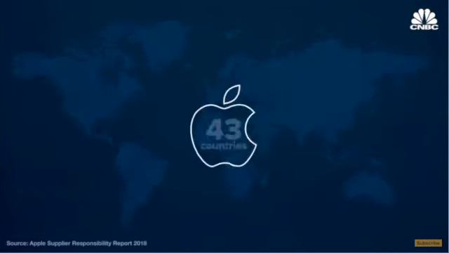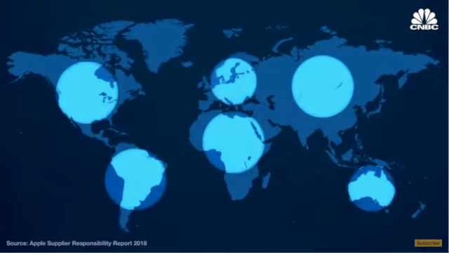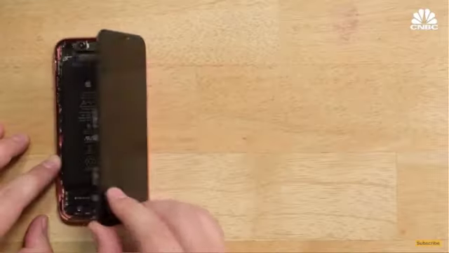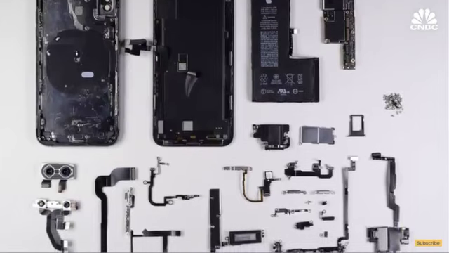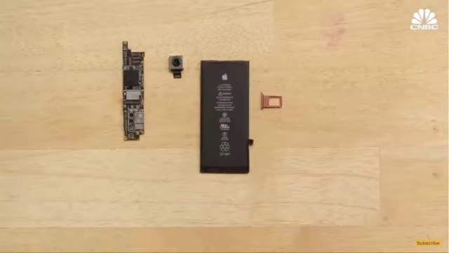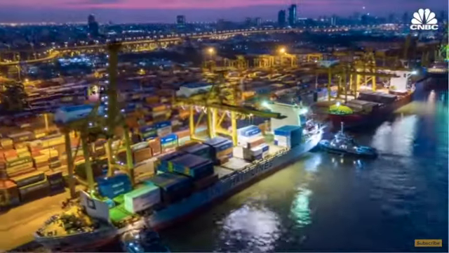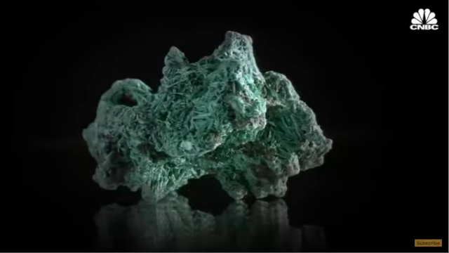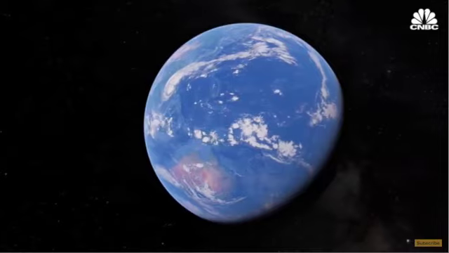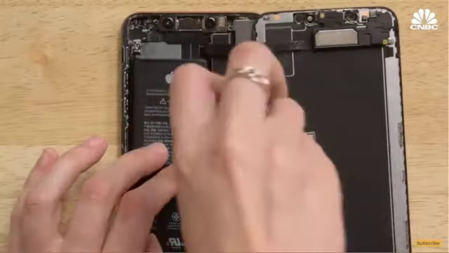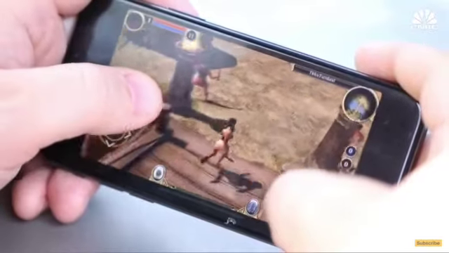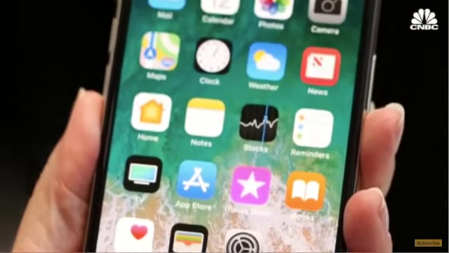Apple works with suppliers in 43 countries and 6 continents to make all of its products. And though it's hard to pinpoint exactly where every component of an iPhone comes from, one thing is for certain. It's the result of an incredibly complex supply chain and raw materials that originate from all over the planet. It's a process that transforms the most basic elements into one of the most advanced pieces of technology that fits in the palm of our hands.